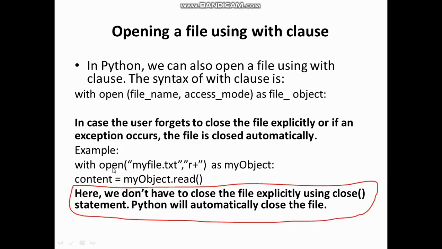Look at this sample code. This is the name of the file, which is a text file. The r+ indicates that the file is opened for reading and writing purposes, and this is the file object. Using the file object, you are calling the read method, which reads the data from this file and it will be assigned to the variable content.